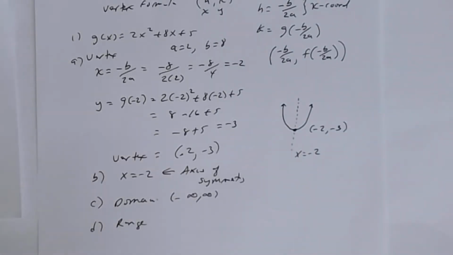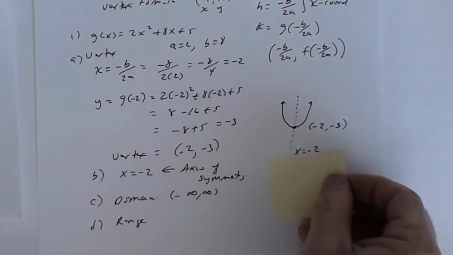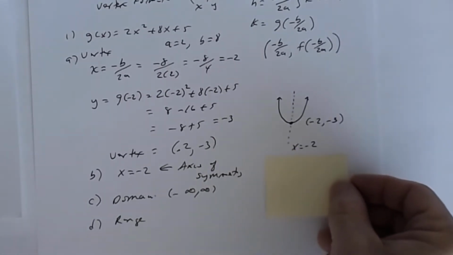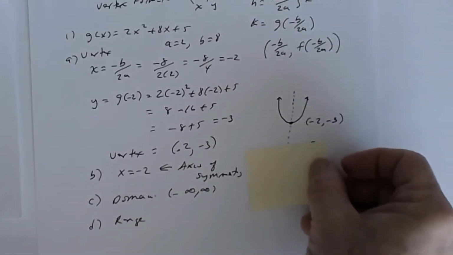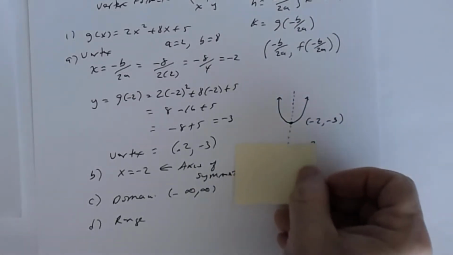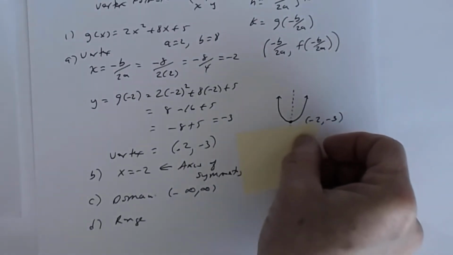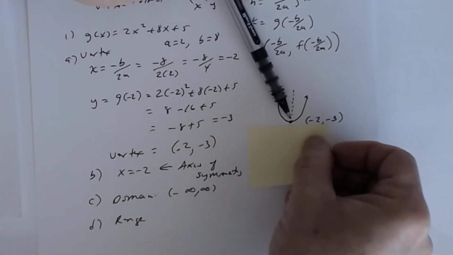Now, when you talk about the range, that's different. So remember in previous lessons, the range is a set of y-coordinates. So you're going along the y-axis. When you go along the y-axis from bottom up, you start touching the graph at this point, and that point is the vertex.